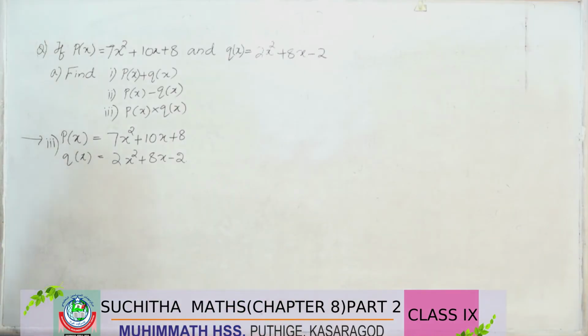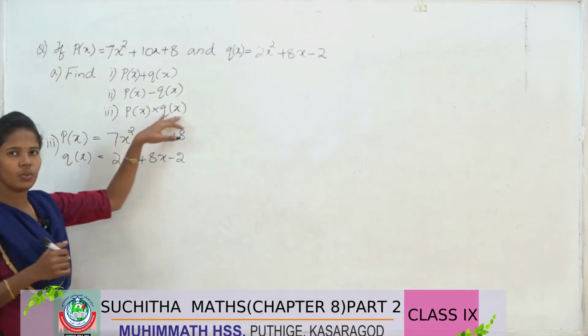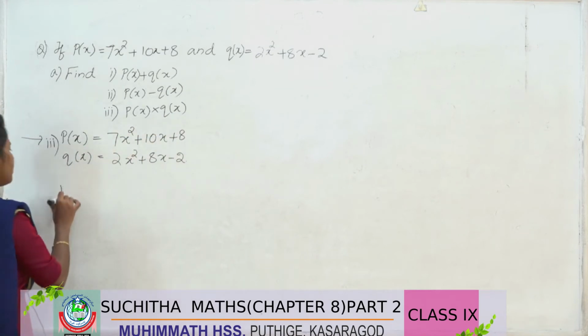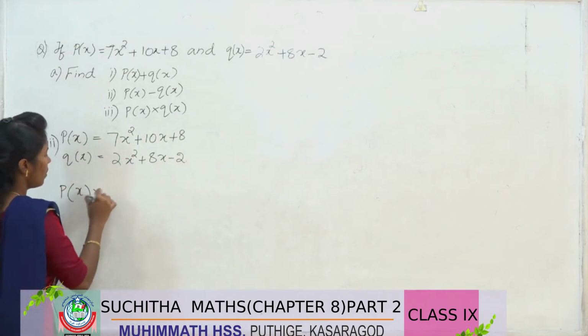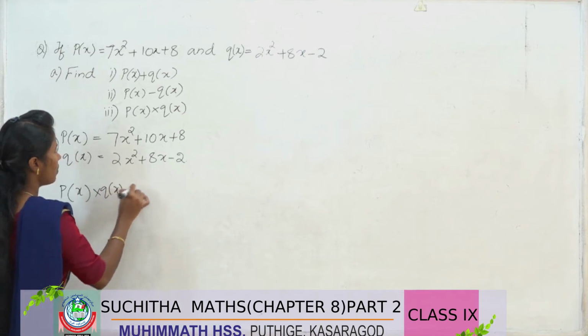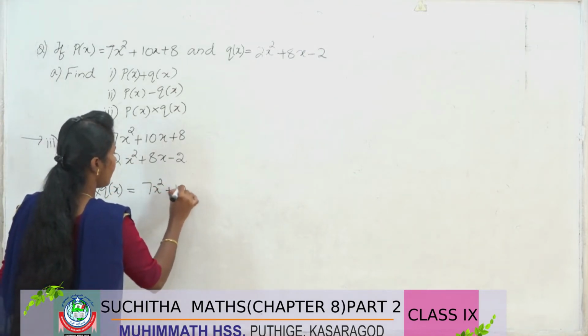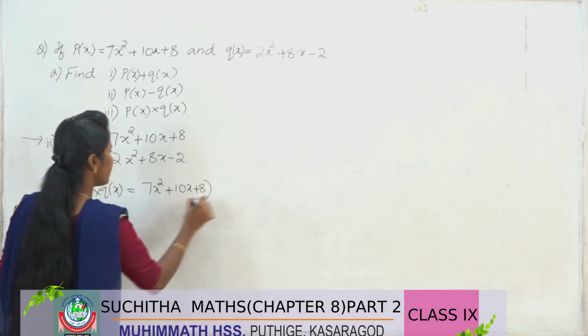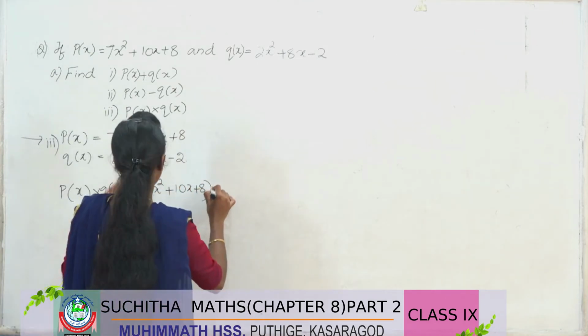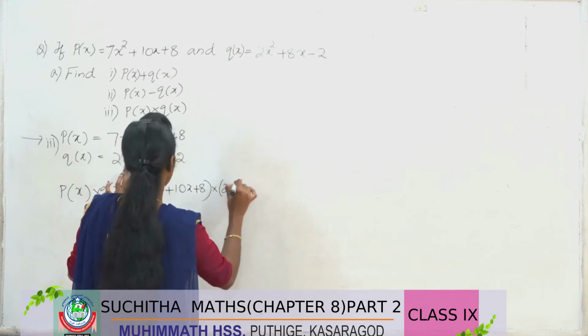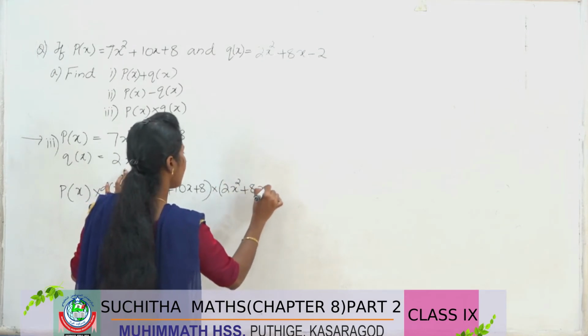Next, third one, P of x into Q of x. P of x into Q of x is equal to 7x square plus 10x plus 8 into Q of x, which is 2x square plus 8x minus 2.